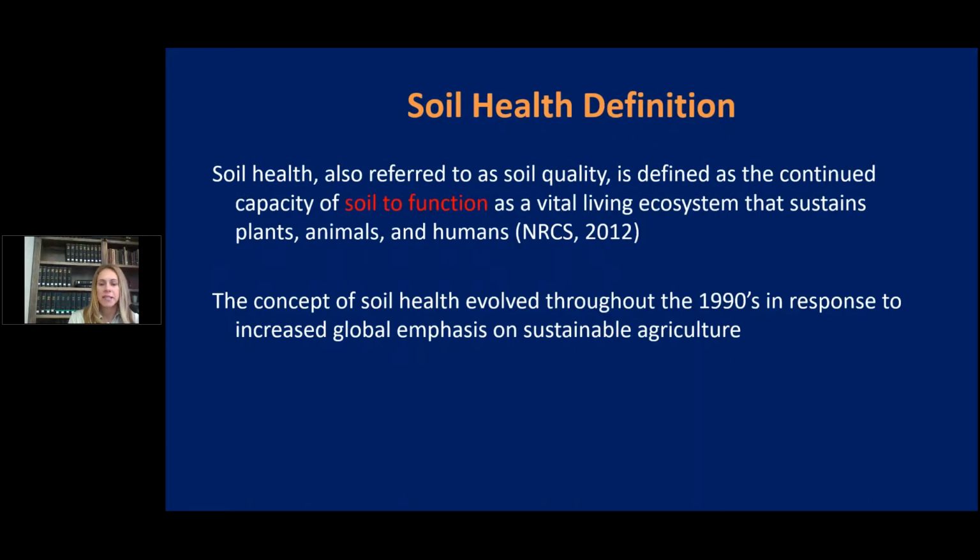According to the USDA NRCS, soil health is defined as the continued capacity of the soil to function as a vital living ecosystem that sustains plants, animals, and humans. I'm going to explain what the word function means. In other words, soils can do much more than sustain plants. There are a number of important ecosystem services associated with soils, and they are equally important.